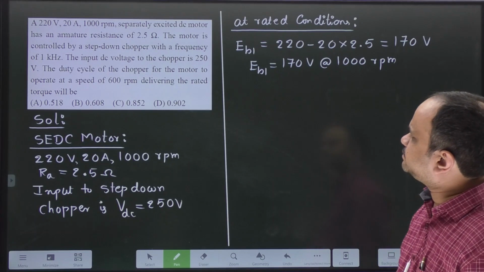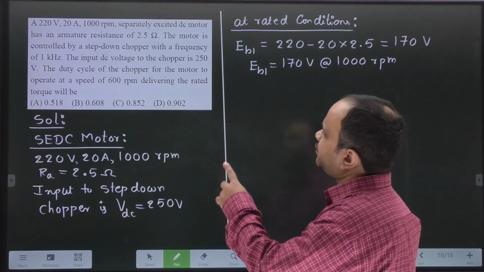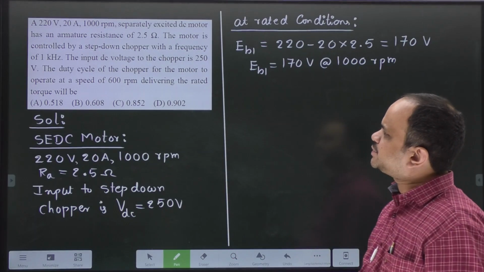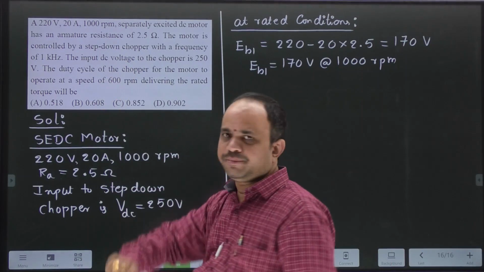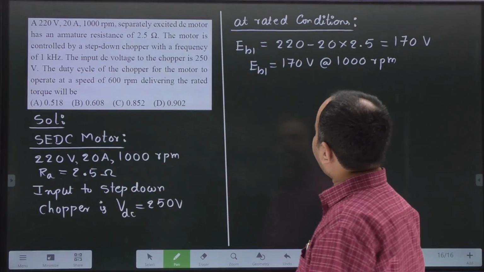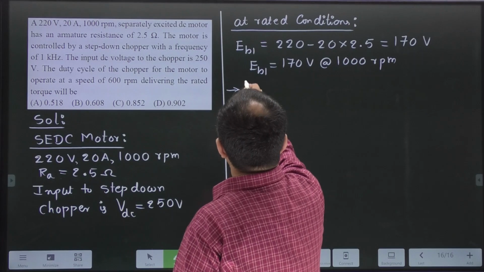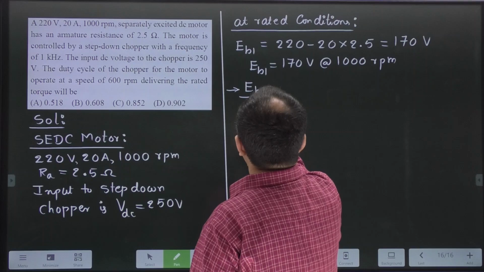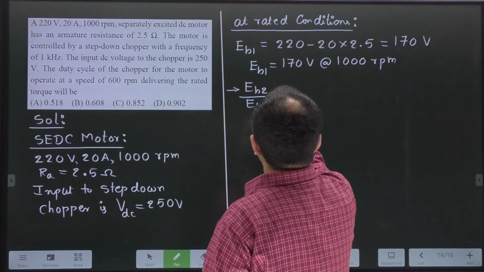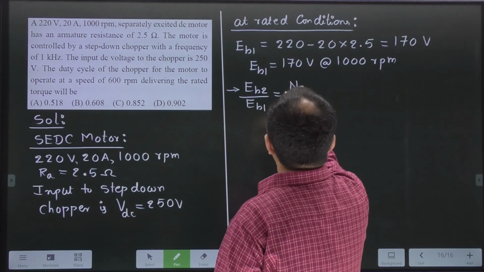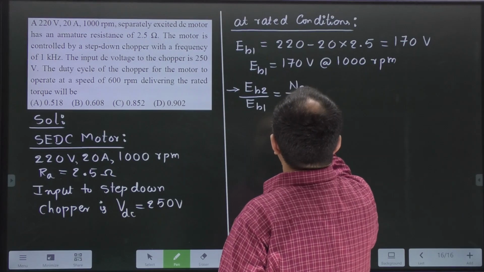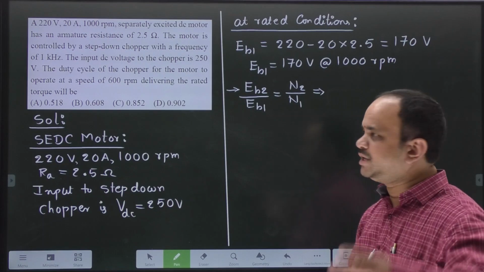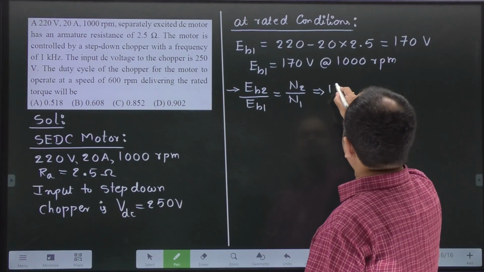Now what is the question? Find the duty cycle ratio of the chopper for the motor to operate at a speed of 600 rpm. Therefore, what is the equation we can take? EB2 divided by EB1 is equal to N2 by N1. That means back EMF under second condition is EB2.